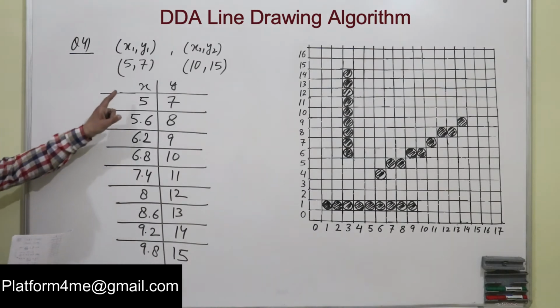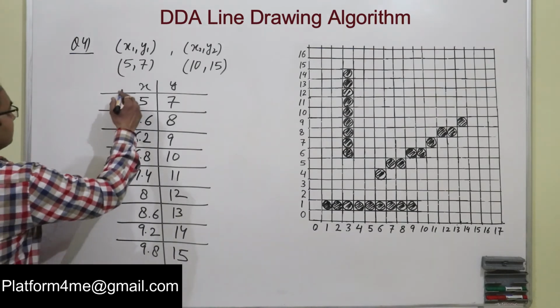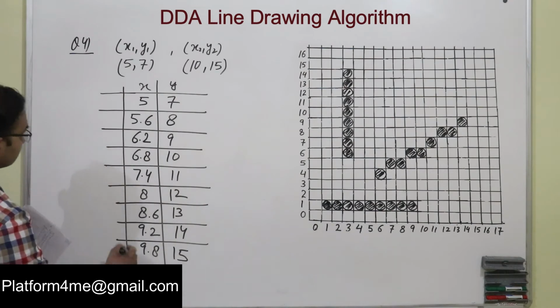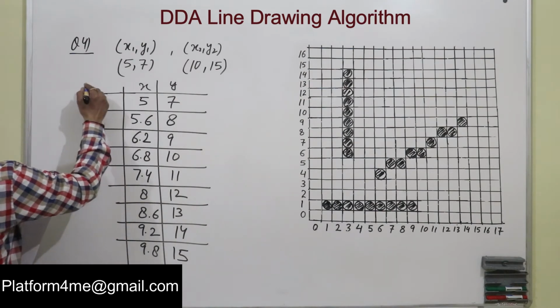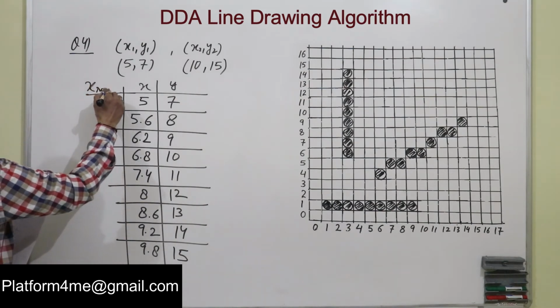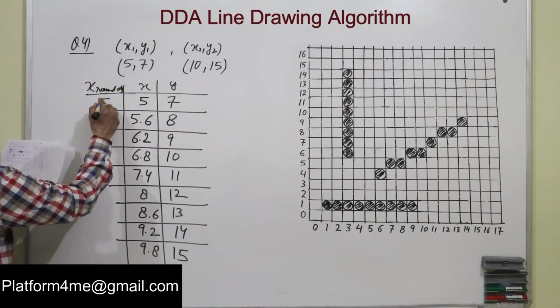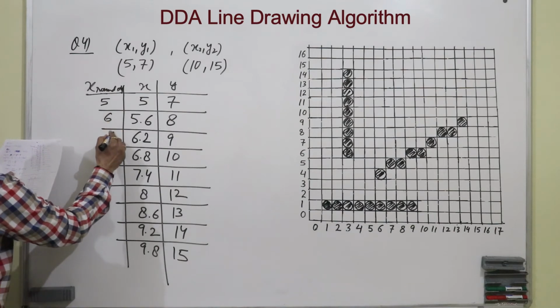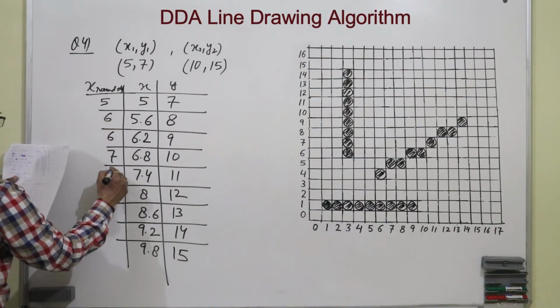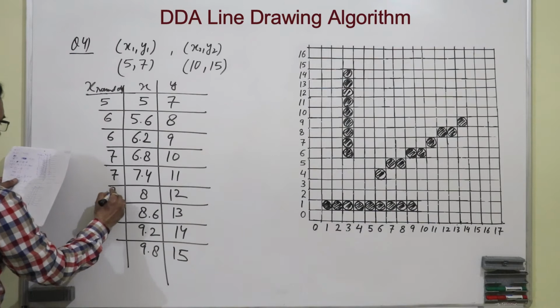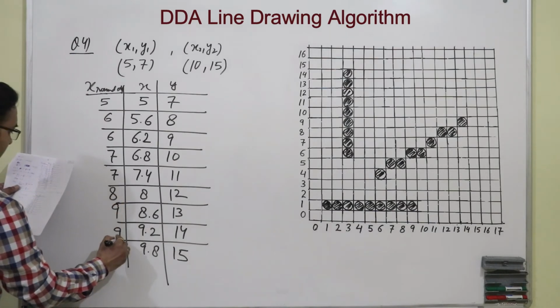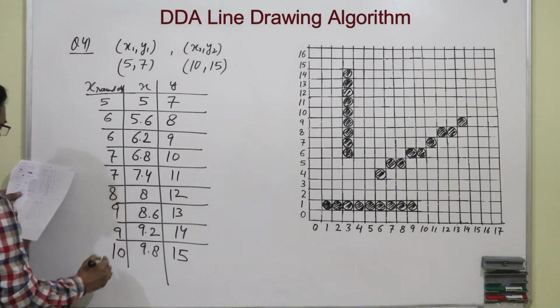So, we will round off these values. X round off 5, 6, 6, 7, 7, 8, 9, 9, 10.